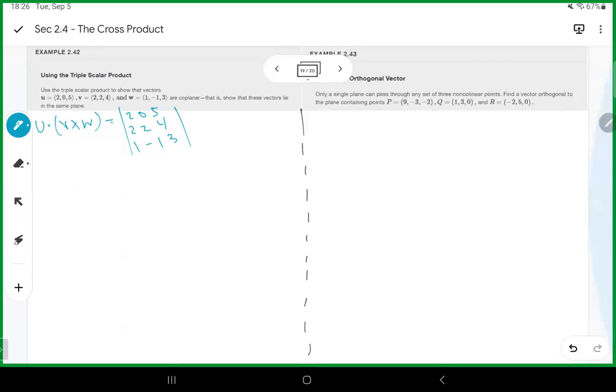And I'm not going to pull everything out. If you need to see it pulled out, you certainly can keep doing it that way. But since we don't have a ton of space, I'm going to skip a little bit.